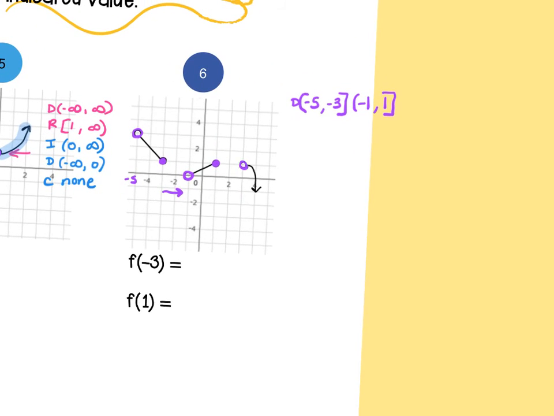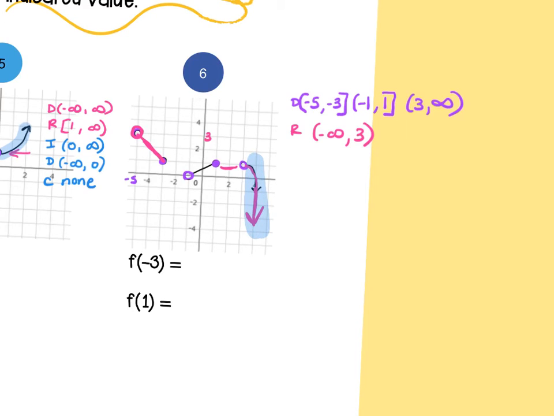And then it starts again here at 3 and continues to get bigger, so it points to the right, or positive infinity. Range is now from bottom to top. Because this arrow is pointing down, my range would start at negative infinity. It goes all the way up to here. It stops horizontally but not vertically because these points pick up over here. The stopping point vertically would be at 3 and it's an open dot, so it's a parentheses.